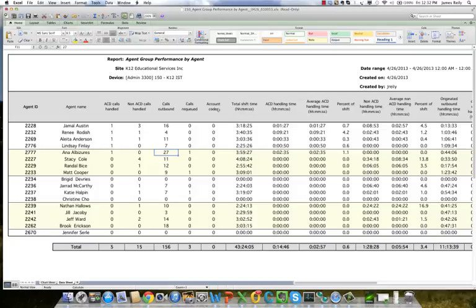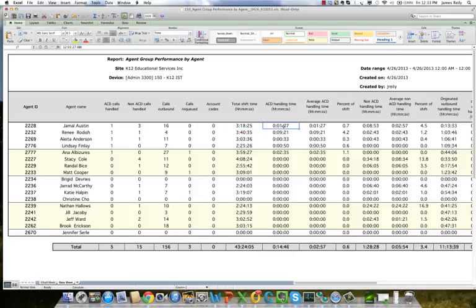And then there are some additional columns over here, calls requeued, account codes, and so forth. Not really paying too much attention to those as we don't have a lot of calls that we're requeuing. Total shift time starts when you log into your phone in the morning and ends when you log off. So Jamal looks like he has been logged into his phone for 3 hours 18 minutes.